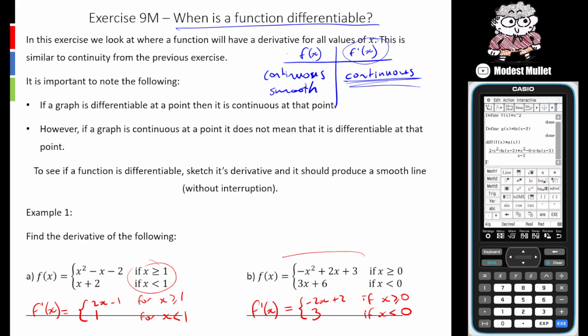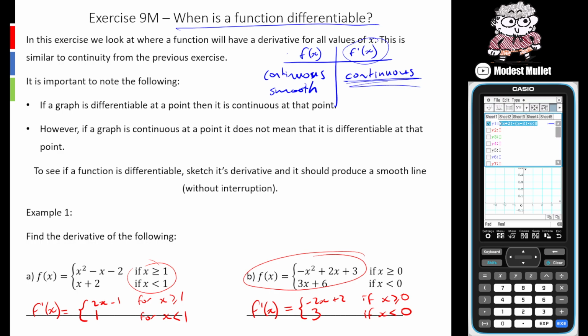So let's have a look at what this graph looks like. Actually, let's just go straight into graphing. Keyboard. What do I want? I want a piecewise. No, that's simultaneous.